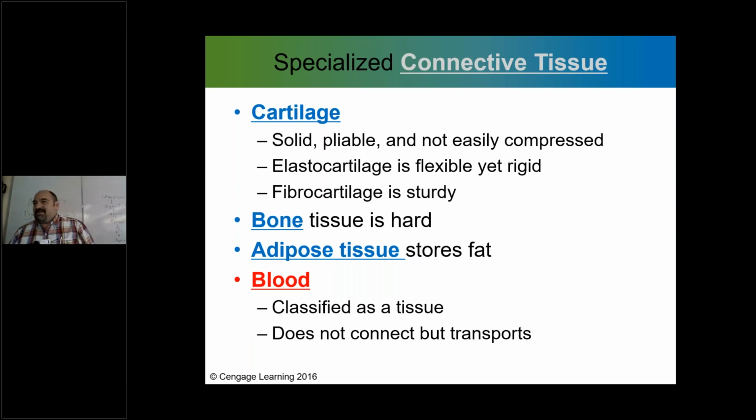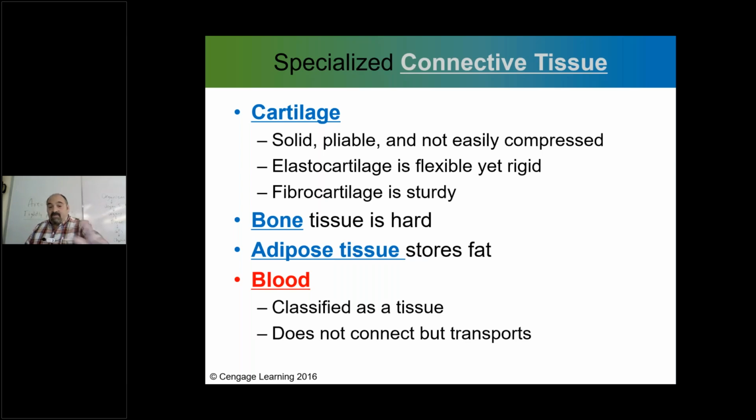I just always call it TMJ. That joint right there is made up of a very strong cartilage called fibrocartilage. The discs between each of your vertebrae, fibrocartilage. It's very strong, very durable, has a whole lot of collagen fibers present.